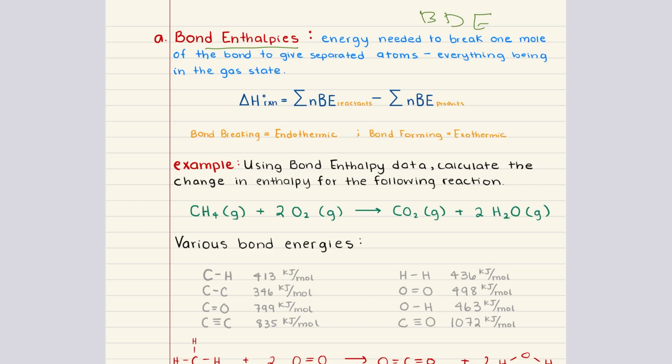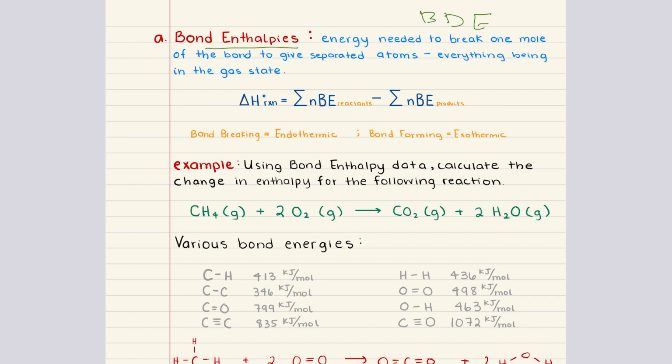In other words, it tells us how much energy it takes to completely separate the atoms in a chemical bond when everything is in the gas state. Because breaking bonds requires energy input, bond breaking is always an endothermic process. On the other hand, forming bonds releases energy, so bond formation is an exothermic process.